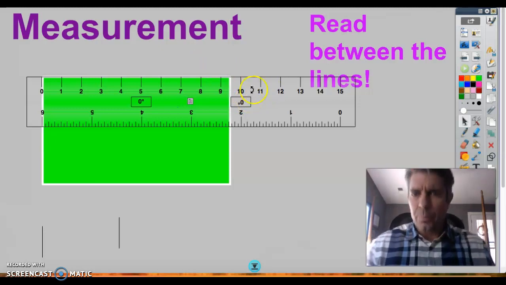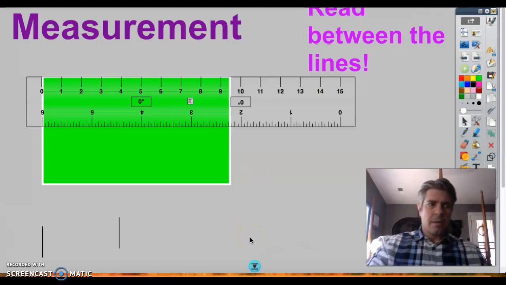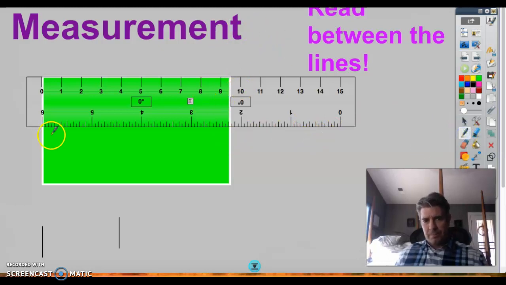When I was talking about certain and uncertain numbers, this is what I'm talking about here. As you can see, where I have the centimeters here, you have lines. And we know for certain, 100%, that this green object has a length that is bigger than 9 but less than 10. So we know for certain that this is going to be 9 point something centimeters.